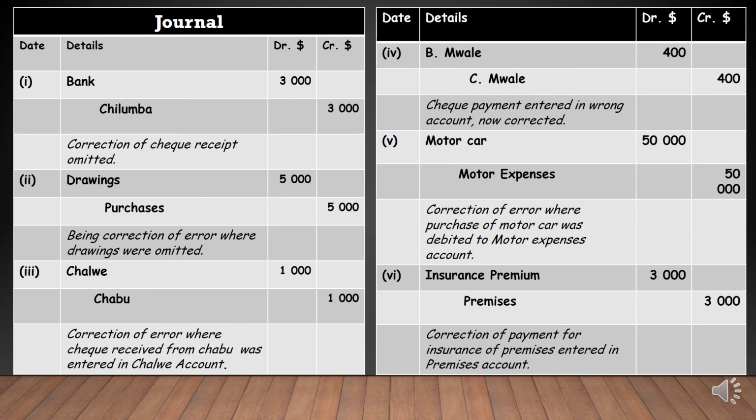So, presented holistically, this is how the journal entries will look, and this is what is expected of you. There are some questions where you're not required to make the journal entry, rather to make narrations, in which case you remove the narrations. But for purposes of the clarity and understanding of this topic, I thought that I should add the narrations so that in those examination questions where you're required to show the narrations, you will be able to do the right thing.